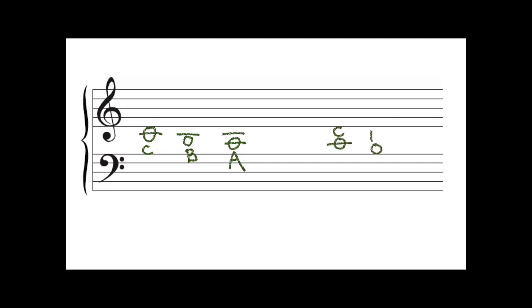Middle C, which is where we started, B, which is one space at the top of the bass clef, and A, which is the top line in our bass clef. The notes on the left and the notes on the right sound exactly the same. They sound like this.